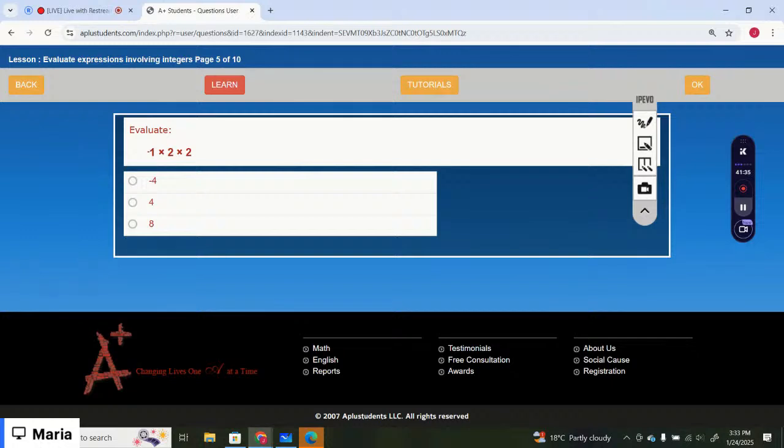Negative 1 times 2 times 2, which is the correct option? That is negative 4. Option number 1 is the correct option.